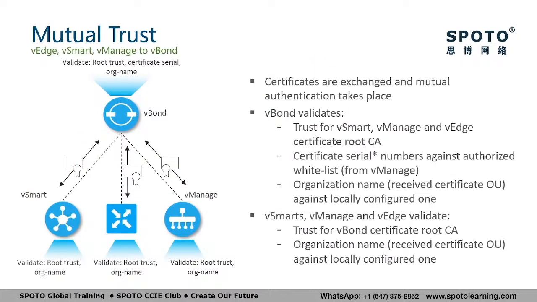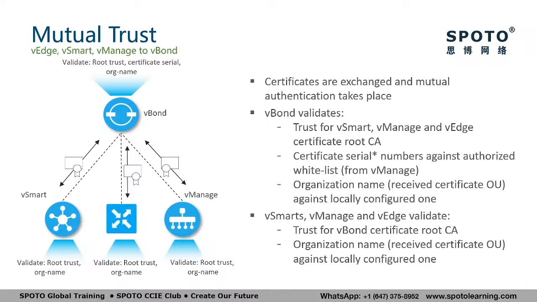The mutual trust between vEdge, vSmart, vManage, and vBond. There are two parts. The first one is vBond validating the trust for vSmart, vManage, and vEdge.